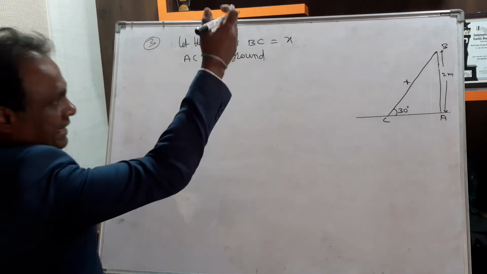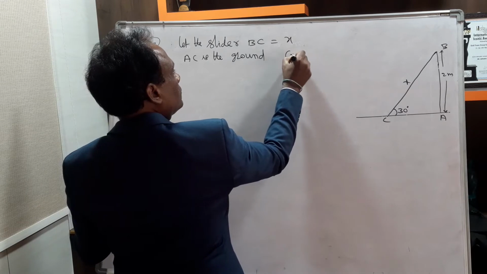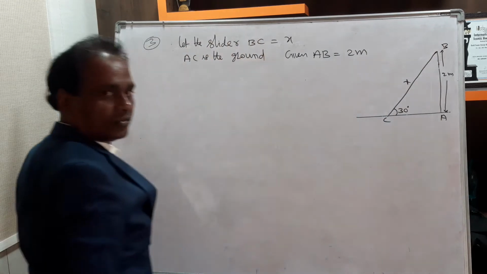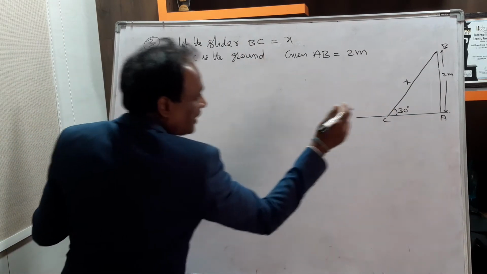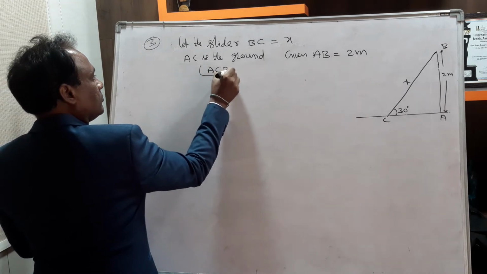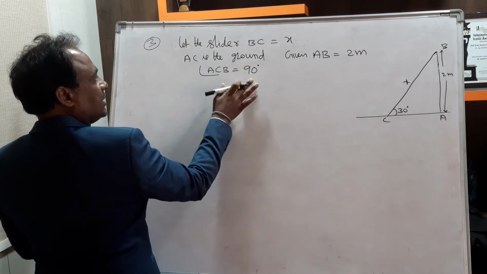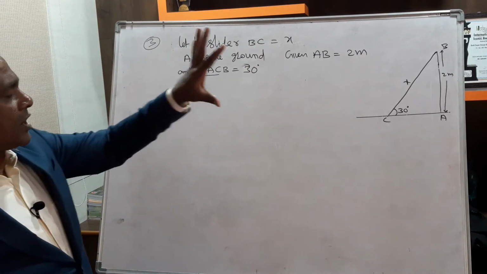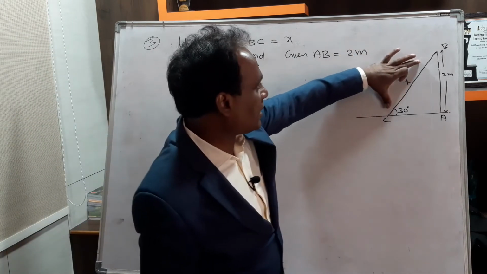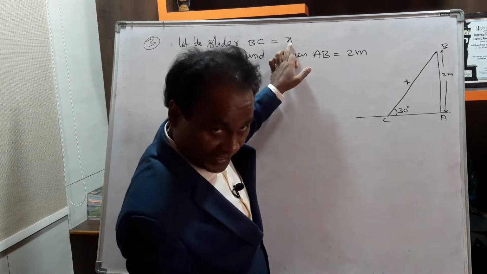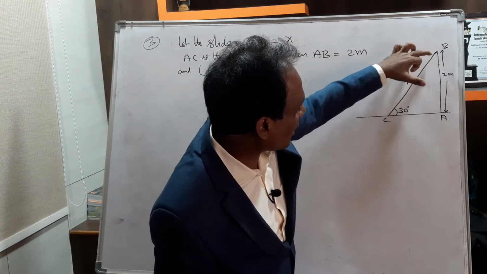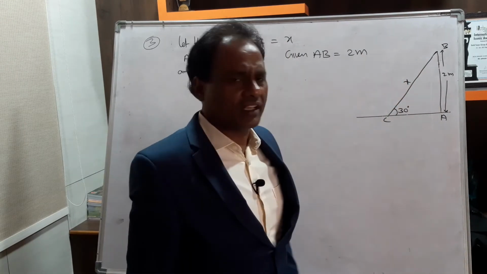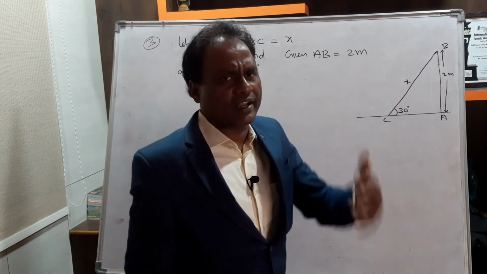AB is given as 2 meters, and this angle is also given, 30 degrees. So the complete data is redrawn here. This is the slider whose length we take as x. We have to find that x. The slider starts at about 2 meters from the ground, and this angle is 30 degrees. We don't require this, only the slider length x is required.